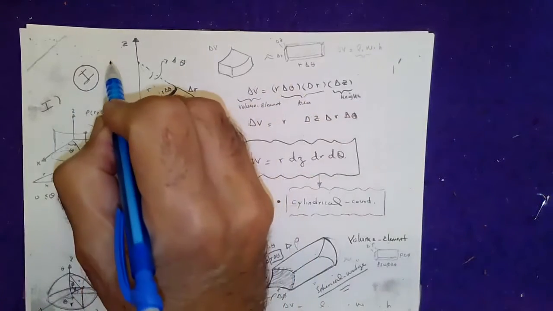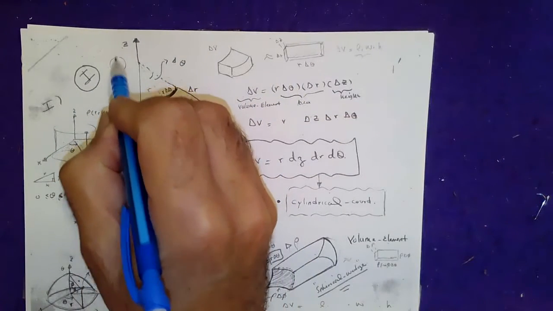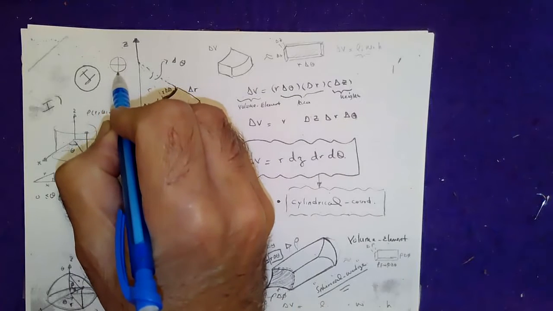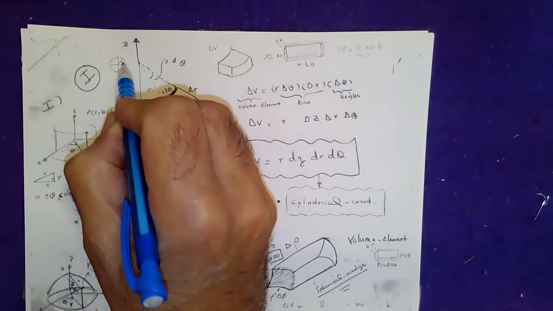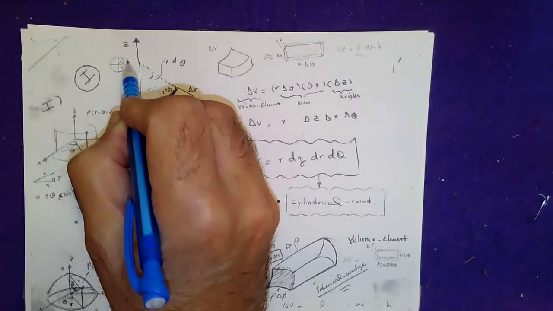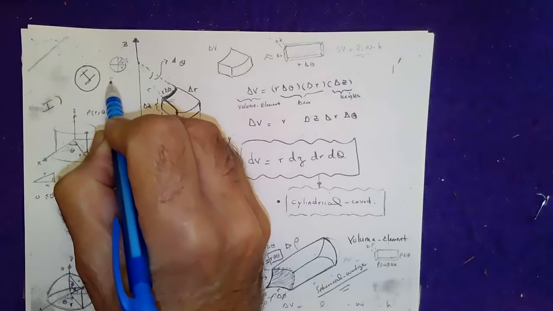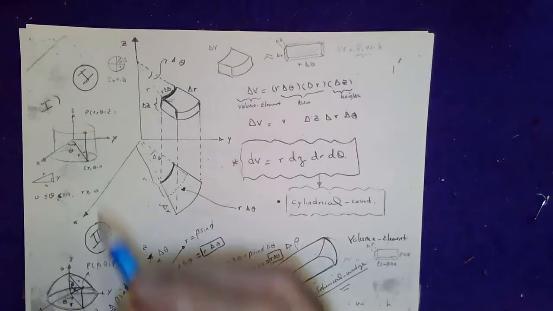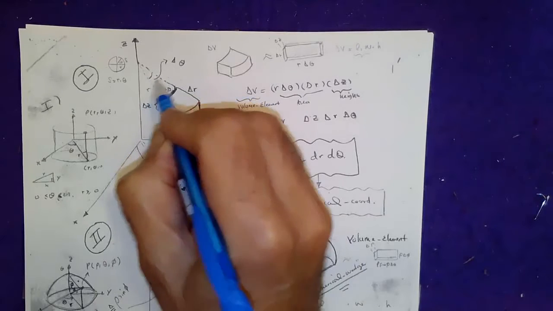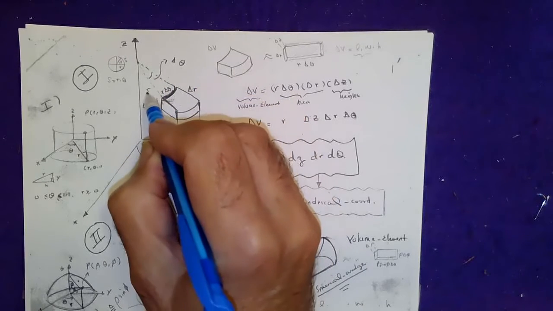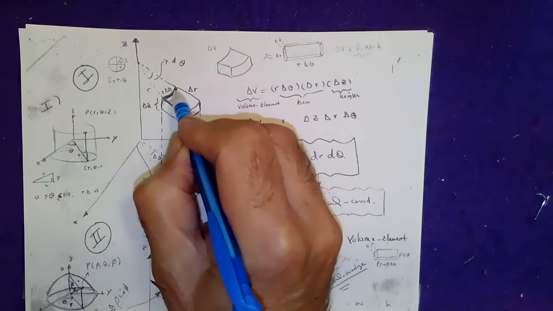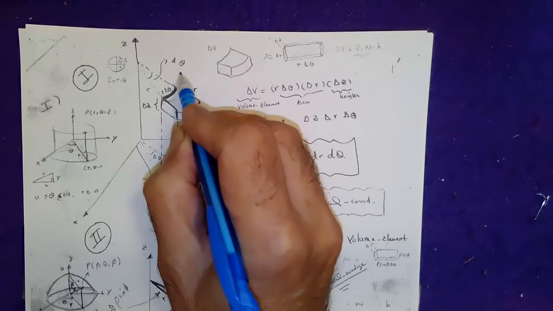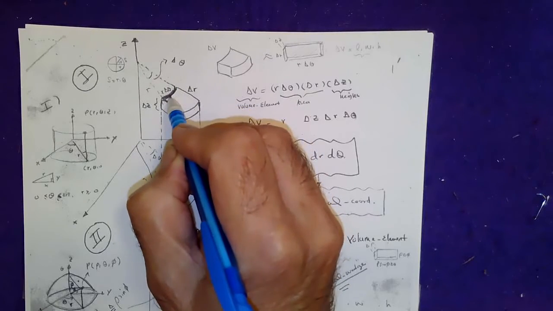Remember the arc length: if you have a circle with central angle theta, and this is r, then arc length is equal to r times theta, from trigonometry. This angle right here is delta theta, this is r, so this arc length is r times delta theta.